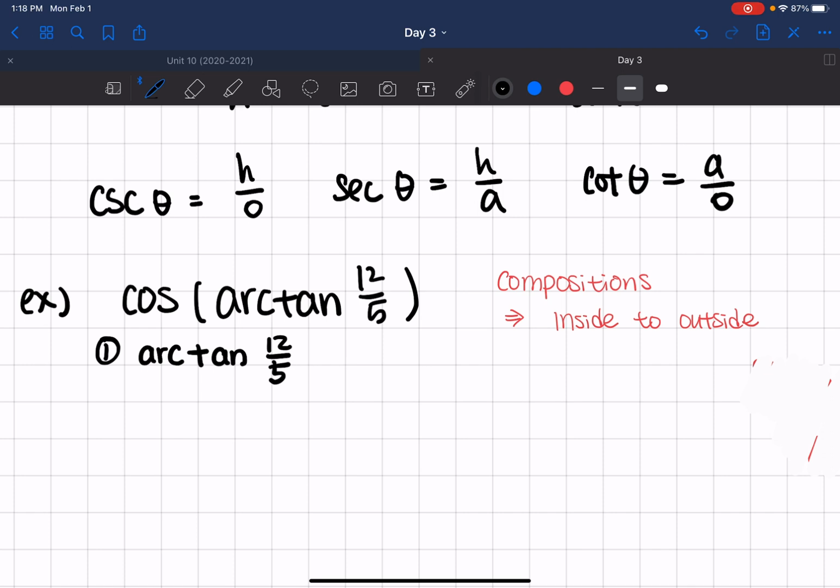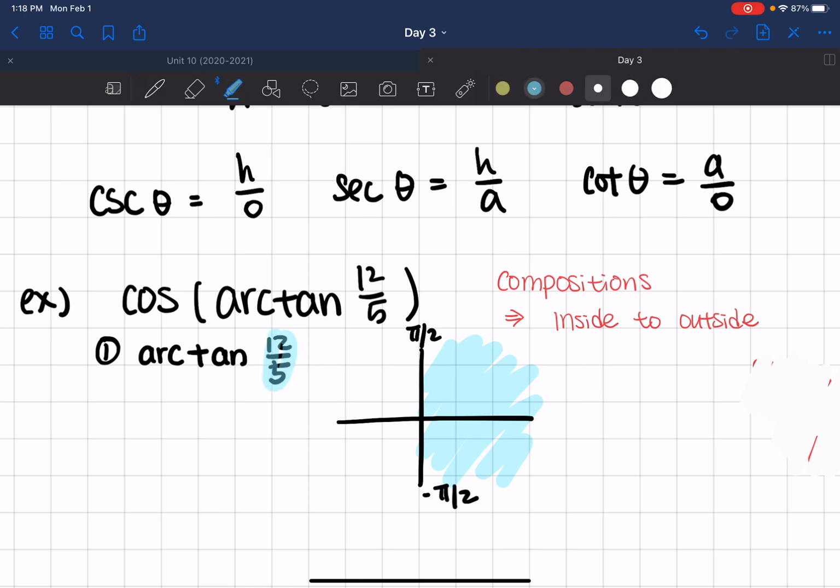Arctan, remember, we talked about it yesterday and the day before, has to be in either the first quadrant or the fourth quadrant, between pi over 2 and negative pi over 2, okay? But since this is positive, your right triangle has to be in the first quadrant.